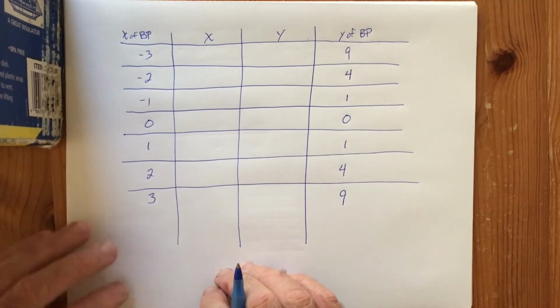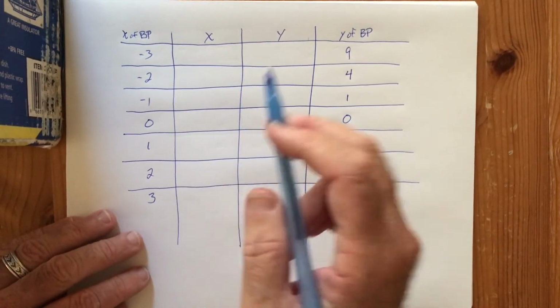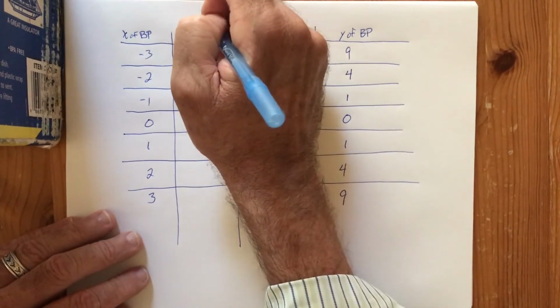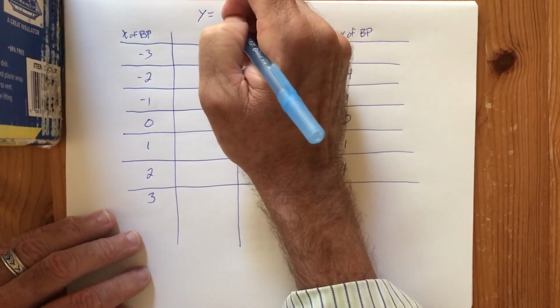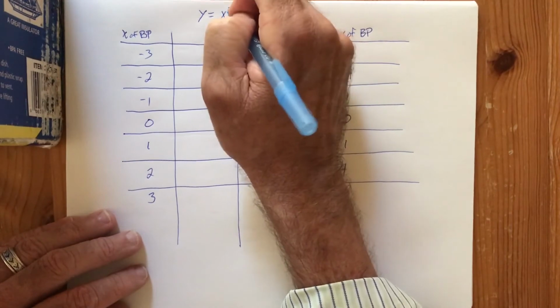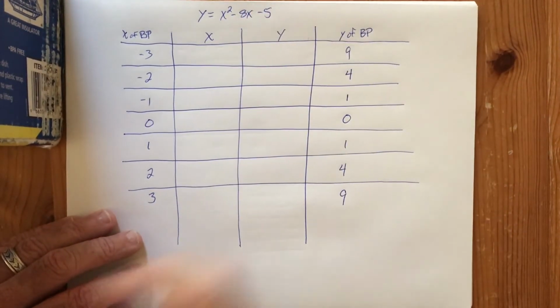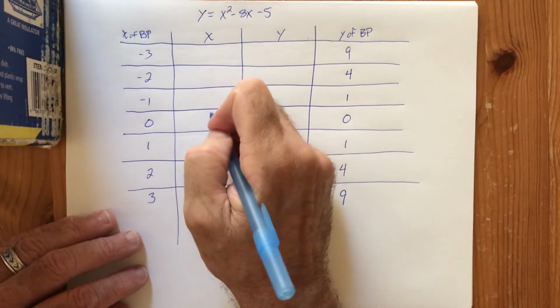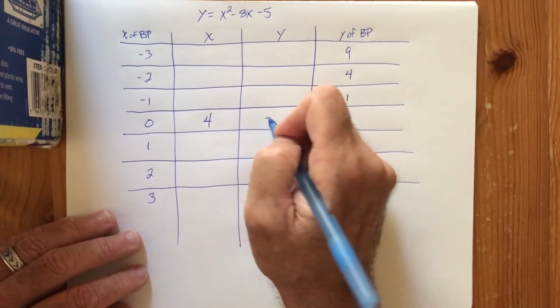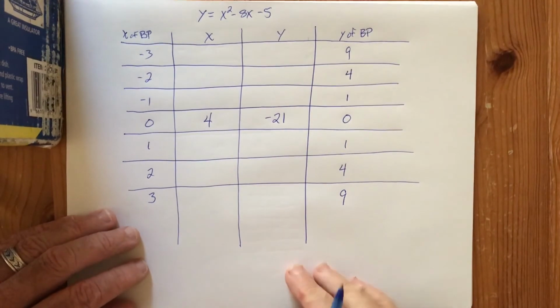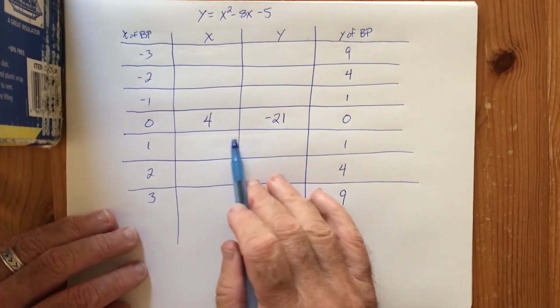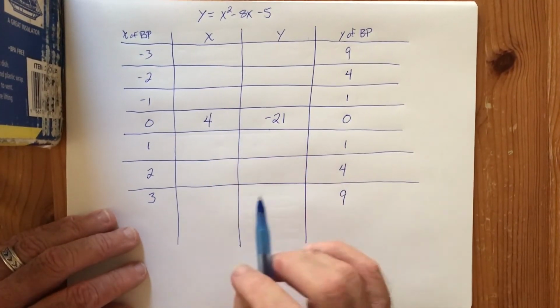Now, remember we're considering the parabola y equals x squared minus 8x minus 5. Our vertex was the point 4, comma, negative 21. And so we place the coordinates of our vertex there.